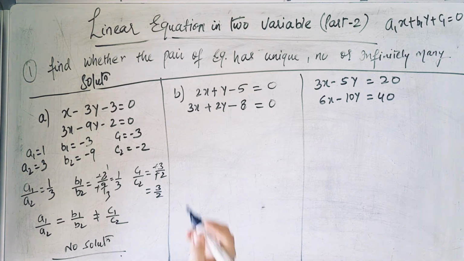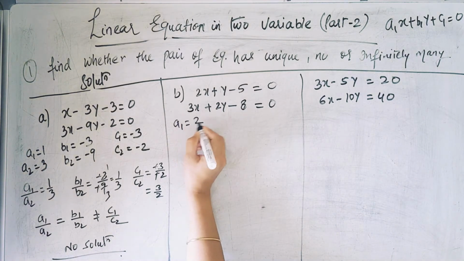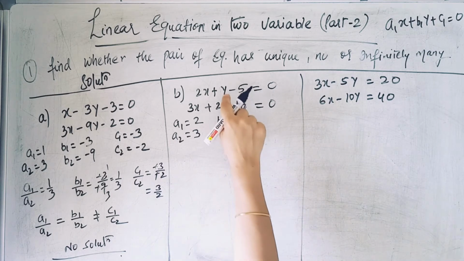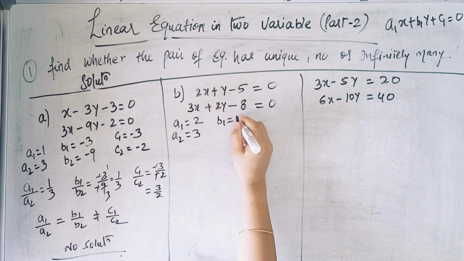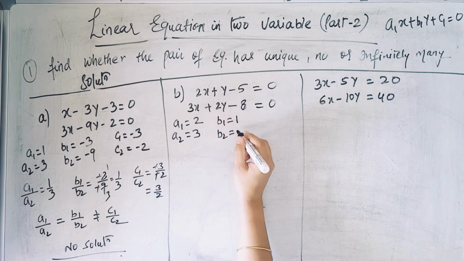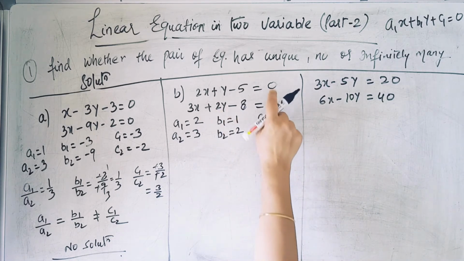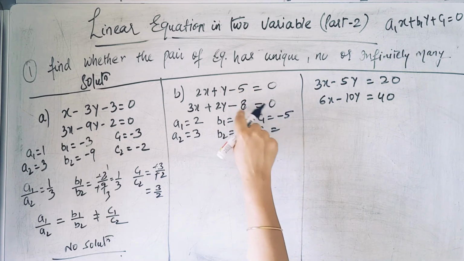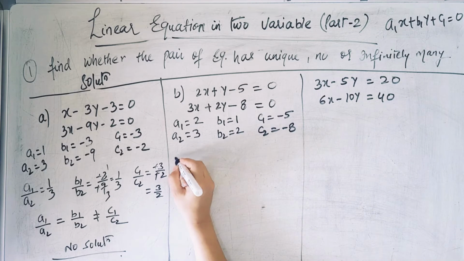Now in this question, a1 is 2, a2 is 3, b1 coefficient of y in the first equation is 1, b2 coefficient of y in the second equation is 2, c1 constant term in the first equation and c2 constant term in the second equation.